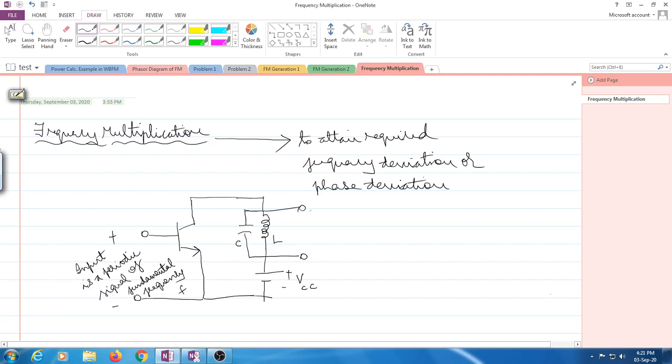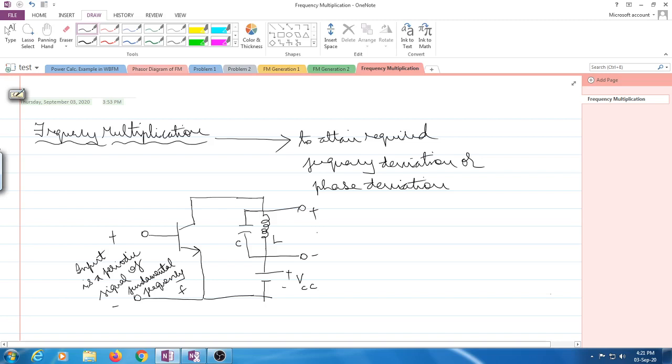Now the output is a sinusoid with fundamental frequency n times f, where n is greater than or equal to 1, and it is an integer.